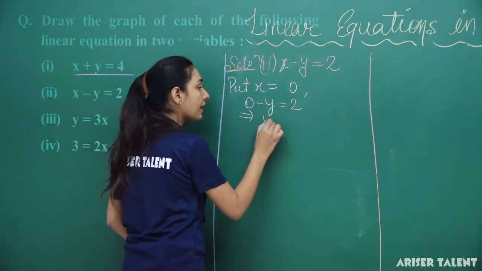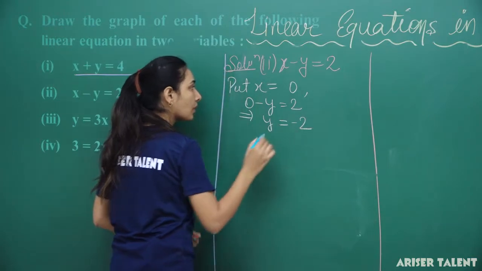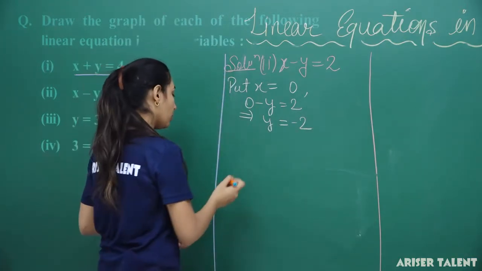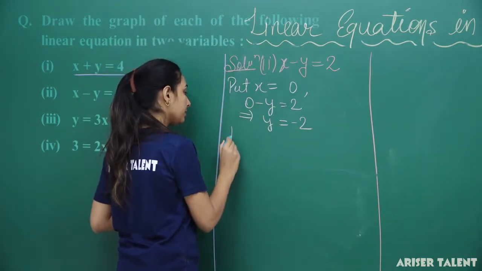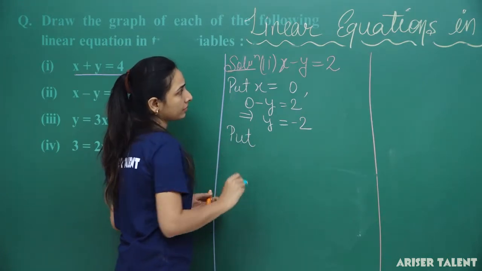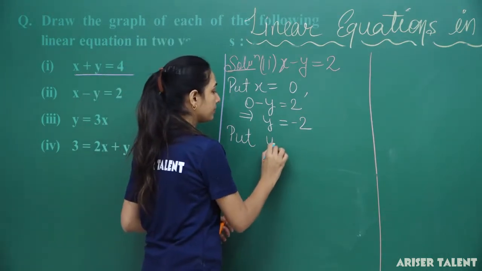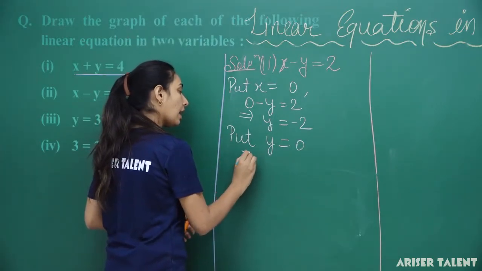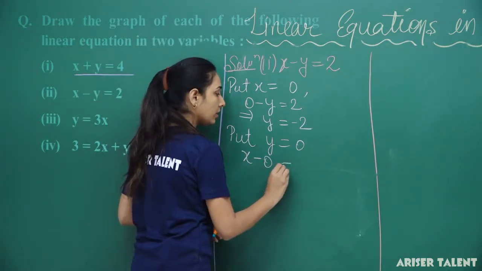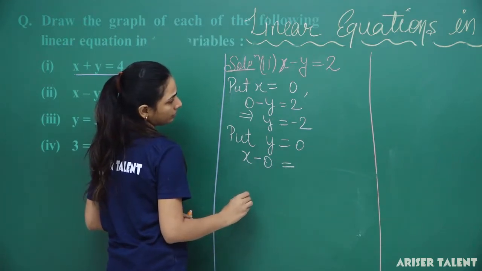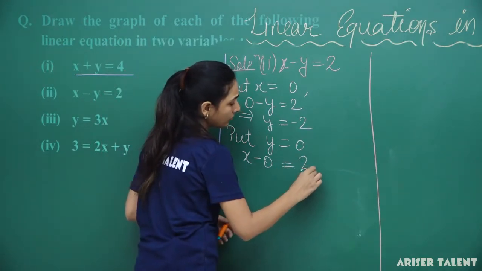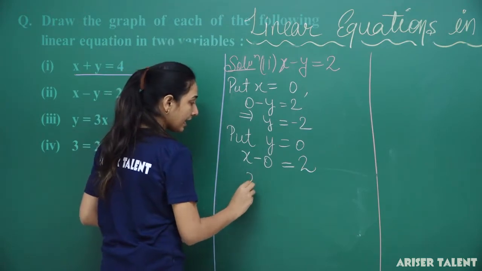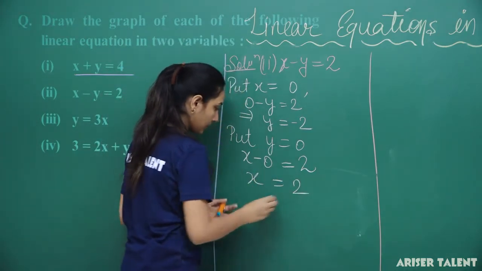This implies that y equals to minus 2. Okay. Now, if I am putting y equals to 0, I will be getting x minus 0 equals to 2. Then I will get x equals to 2.